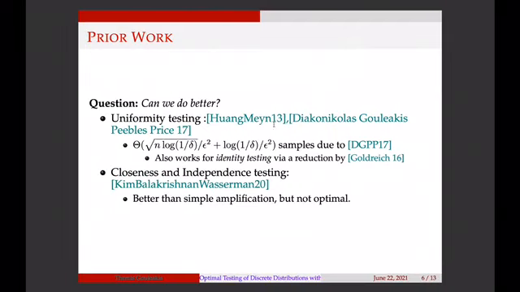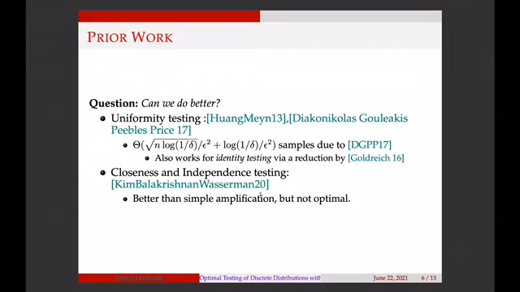This bound for uniformity is square root n times square root log 1 over delta over epsilon squared plus log 1 over delta over epsilon squared, whereas with the naive amplification, that would be square root n over epsilon squared times log 1 over delta outside the square root.